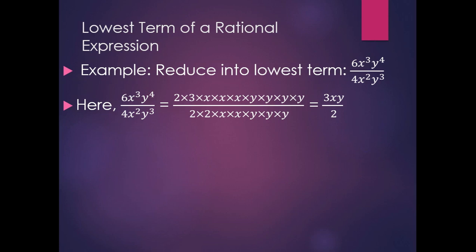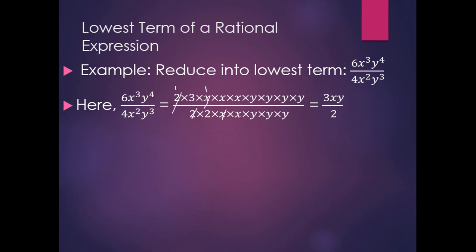In the numerator and denominator we can cancel this 2. Cancelling means 2 divides this 2 one time, 2 ones are 2. Similarly, this x cancels this x, x ones are x.